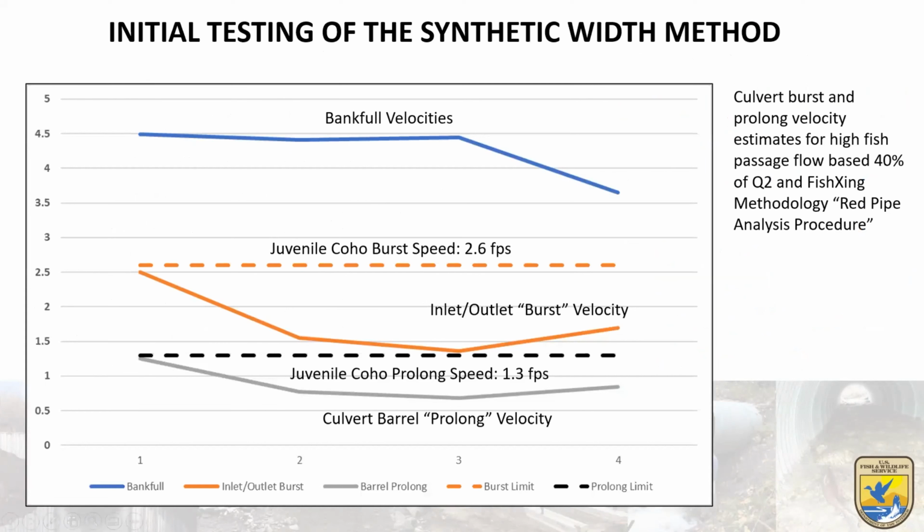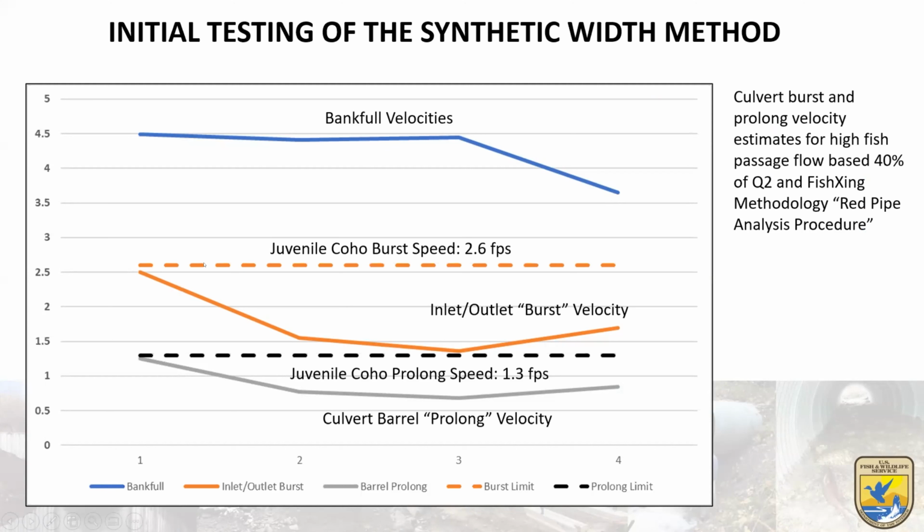So there have been 4 places where we've been able to try to verify this bankfull velocity issue. These are graphed here compared to coho burst and prolonged speed velocities. Basically, Heather took those cross sections and calculated their velocities, which came out to be between 3.6 and 4.5.